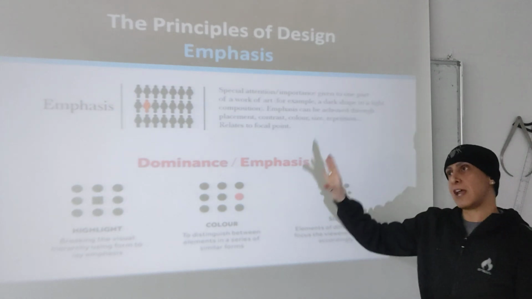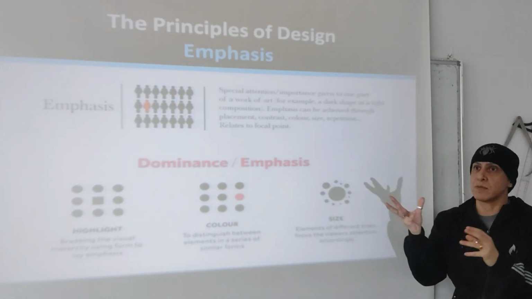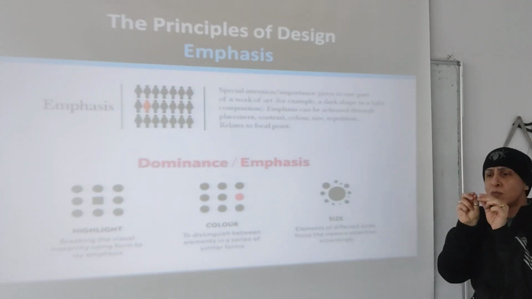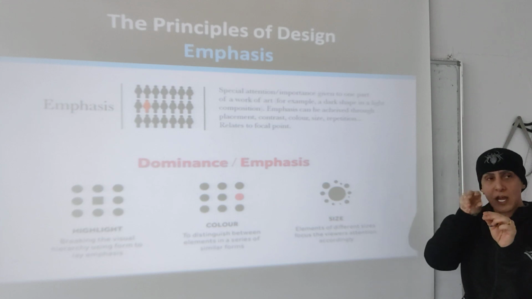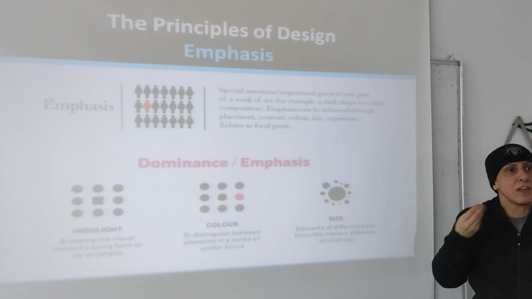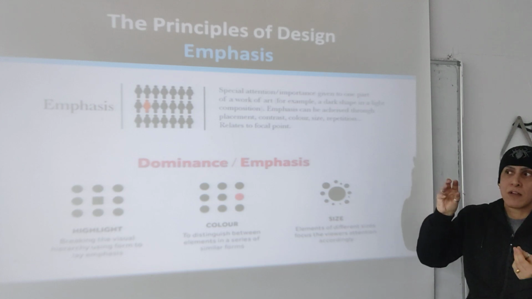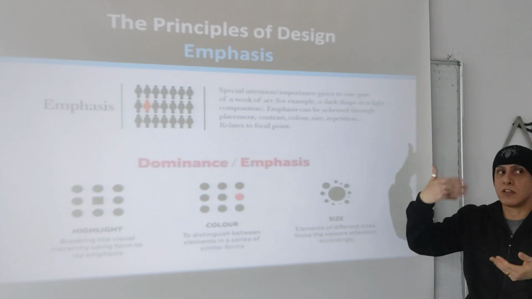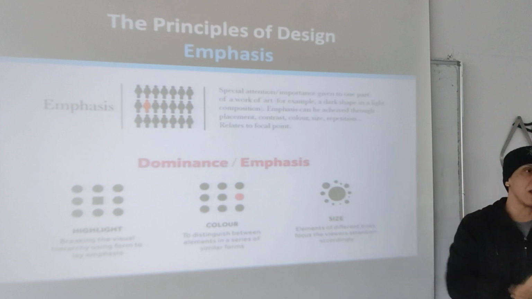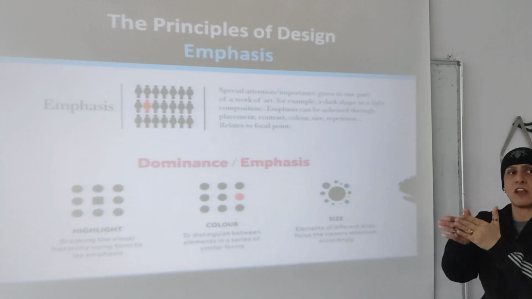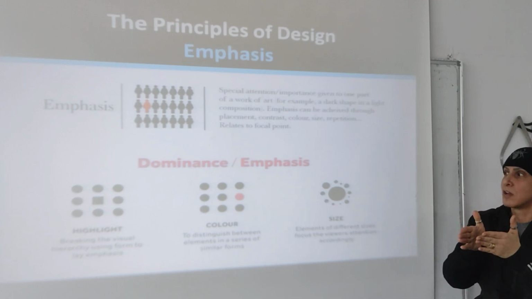So if a lot of the elements are the same size, but one becomes so big or so small, then your eye goes to this. So it's basically the difference that creates the emphasis. Something is different in the composition, and this is what draws your attention to the different element.